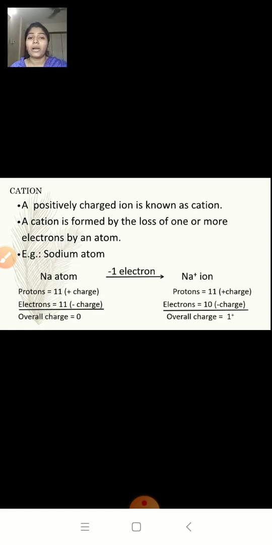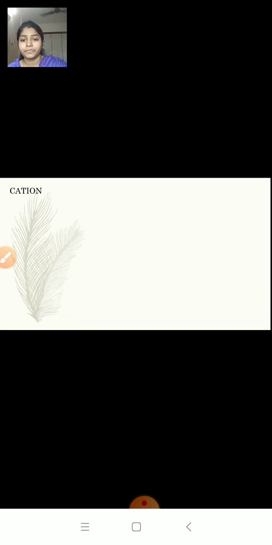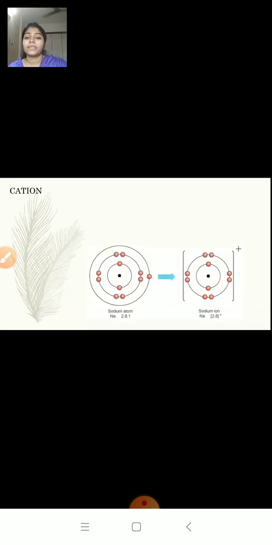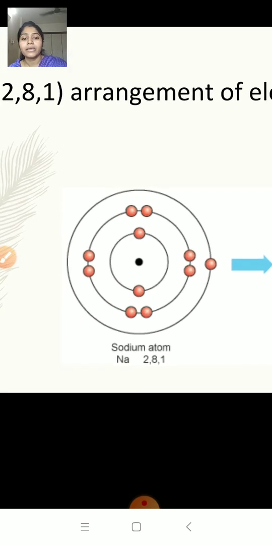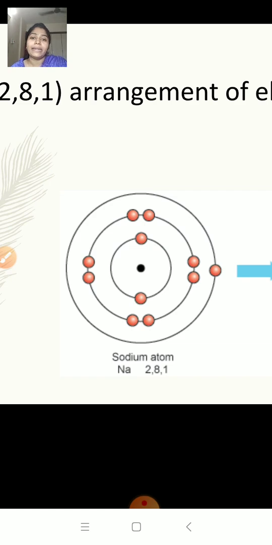Now let us find out why sodium loses one electron. You can see that for sodium, it's written 2, 8, 1. This 2, 8, 1 is the arrangement of electrons. This is how electrons are arranged in a sodium atom. Now you will learn more about the arrangement of electrons in the fourth chapter. Now can you see this? This is a sodium atom.